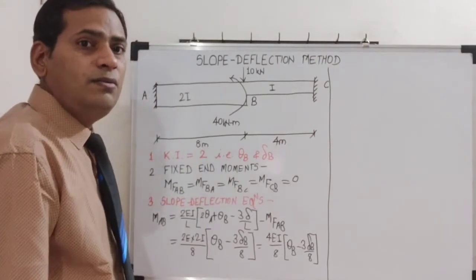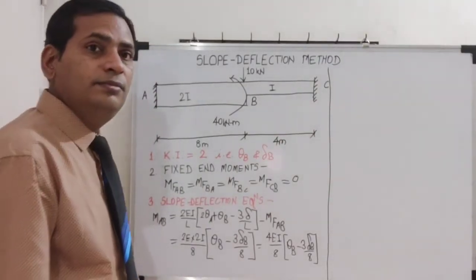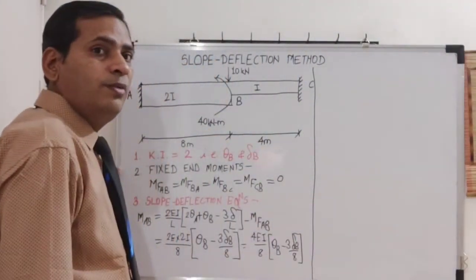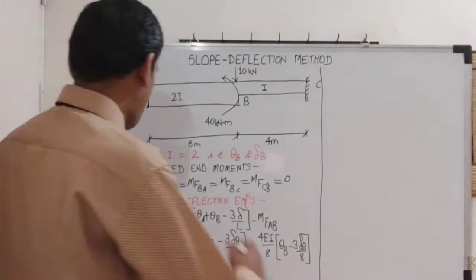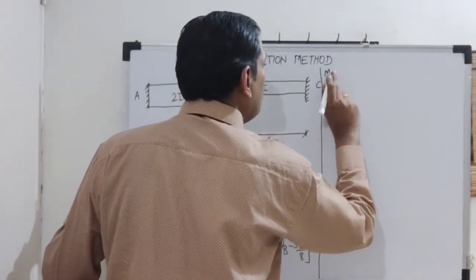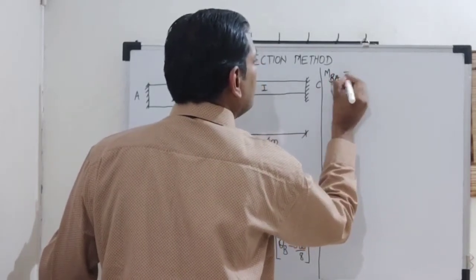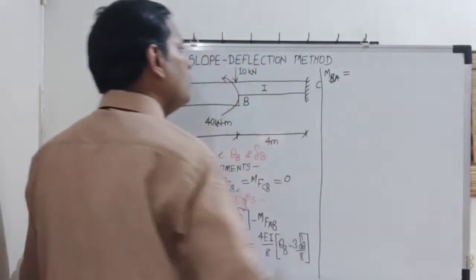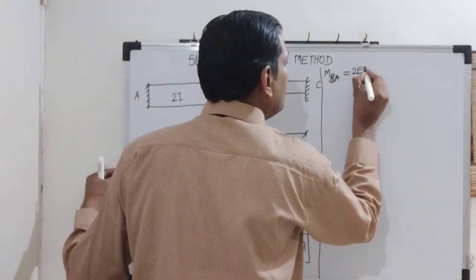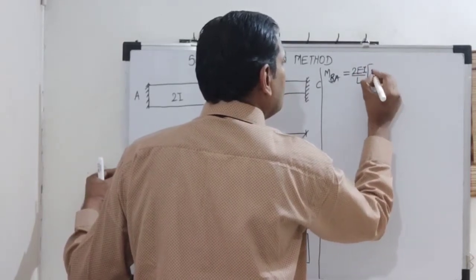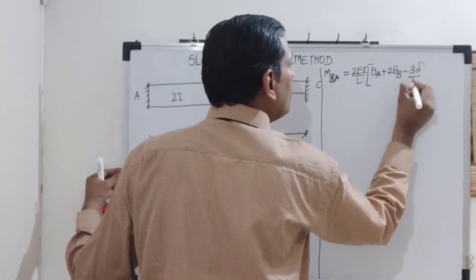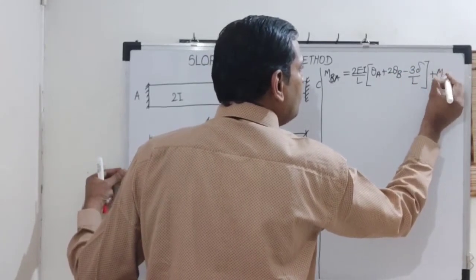Now come to the second part. What will be the second part? MBA, the second moment. MBA, not MFBA. So let us again write the slope deflection equation for this one: 2EI by L into bracket theta A plus 2 theta B minus 3 delta by L, plus MFBA.